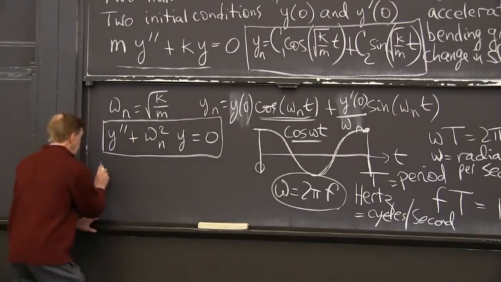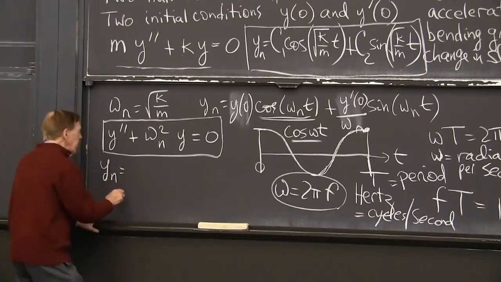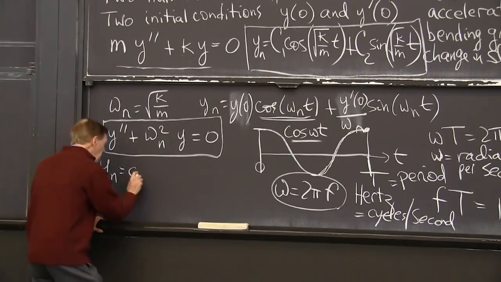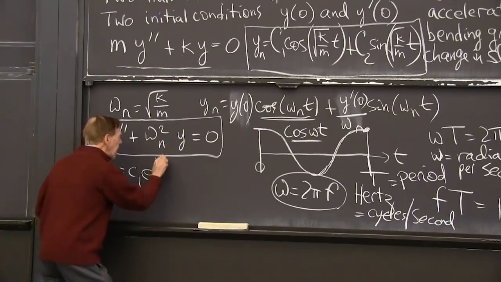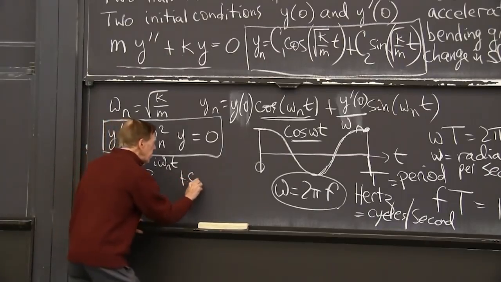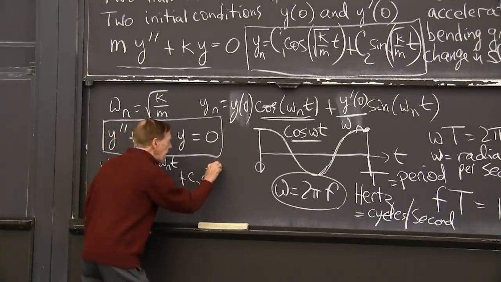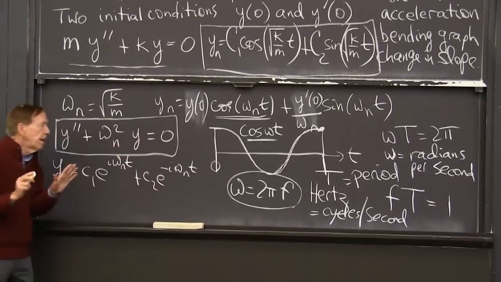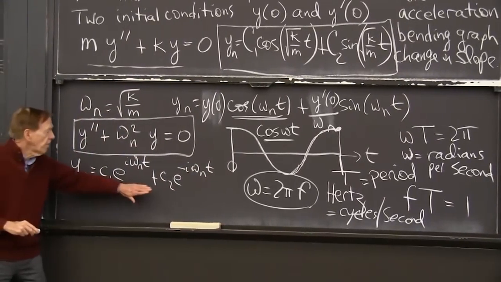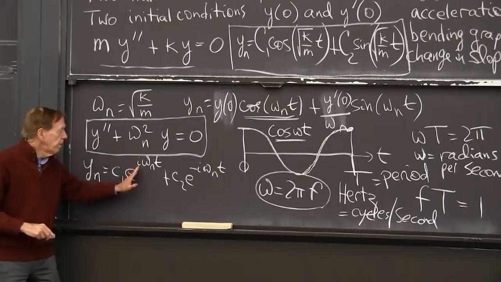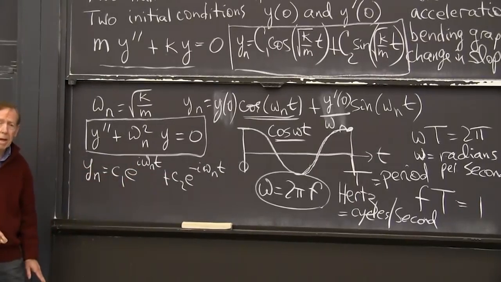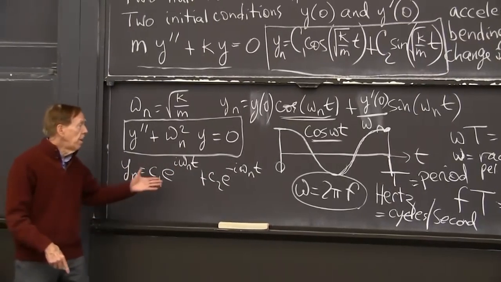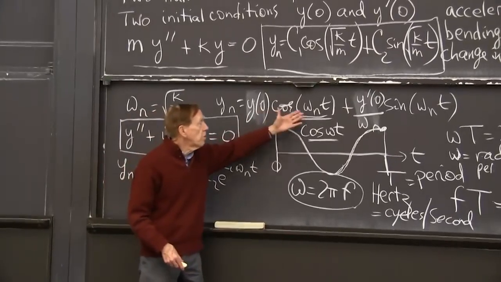A different way to express y n would be, with small c's, c1 e to the i omega n t, and c2 e to the minus i omega n t. All I'm saying is that this form with exponentials is entirely equivalent to this form with cosine and sine.